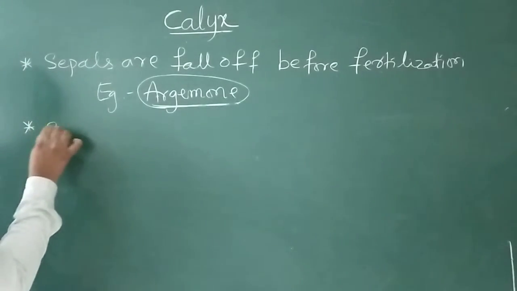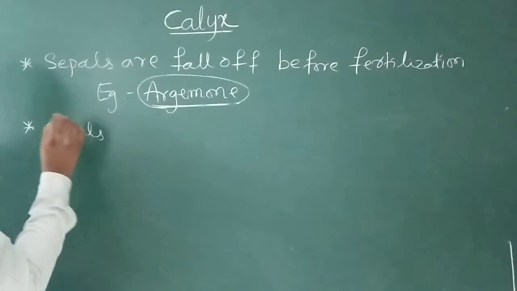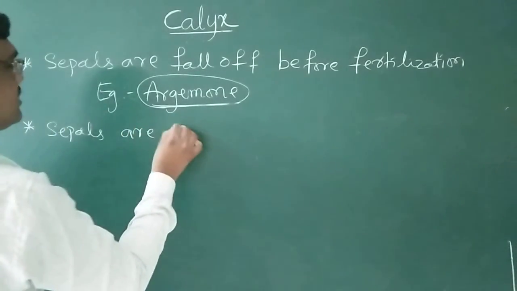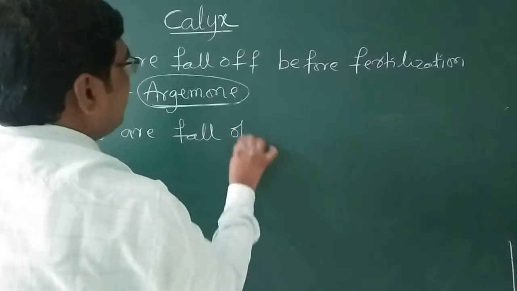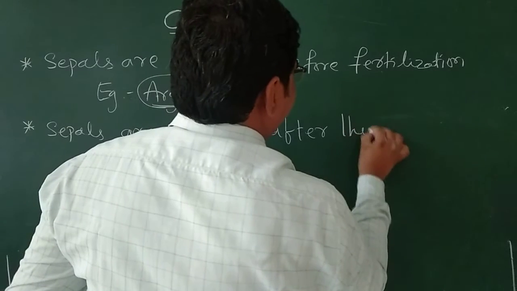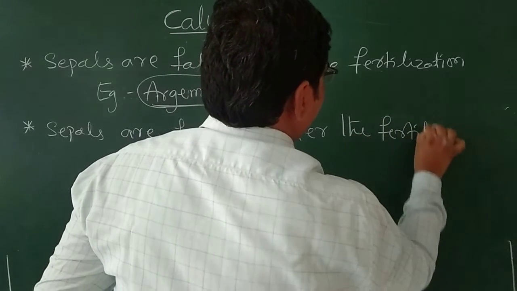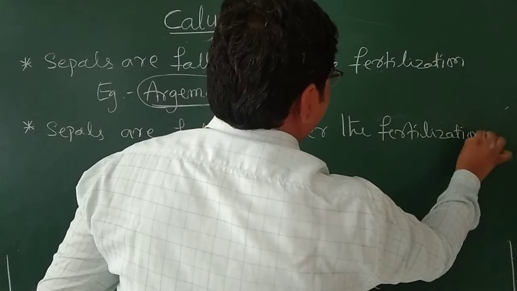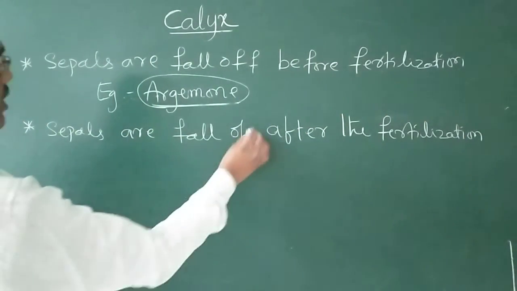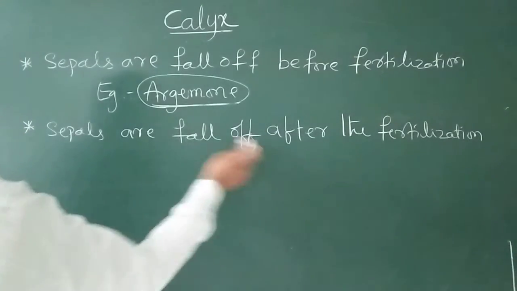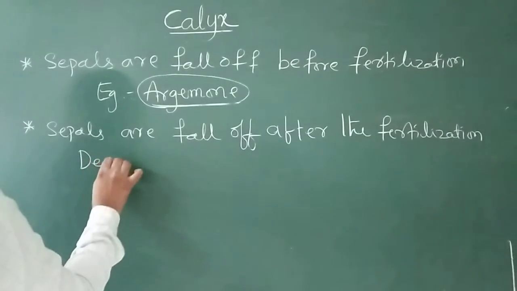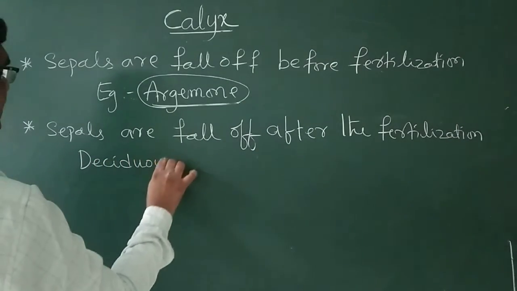So next, sepals fall off after fertilization. After the fertilization, the sepals fall down. These sepals are called deciduous sepals.